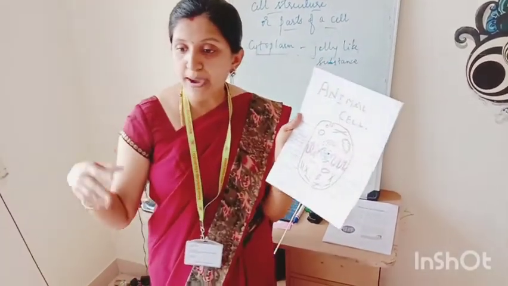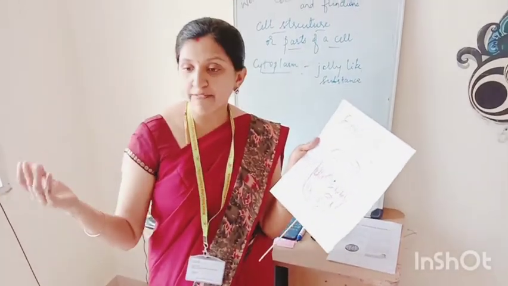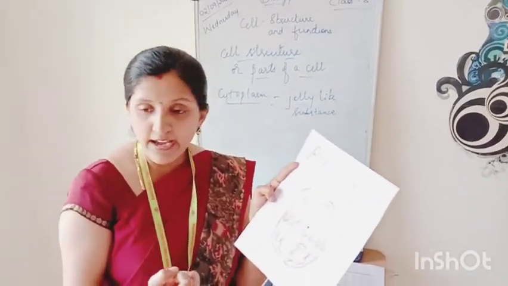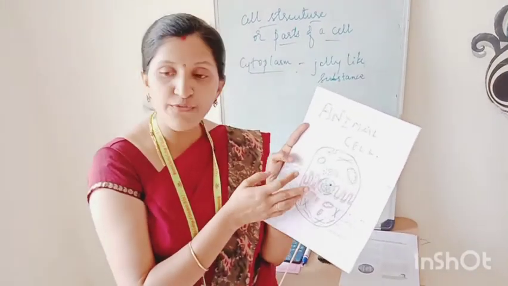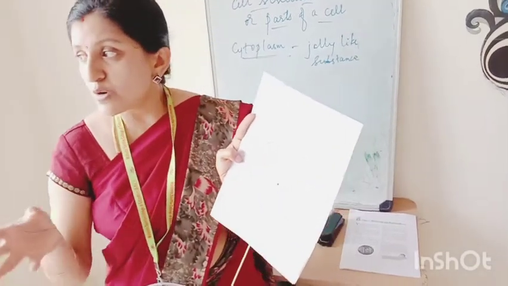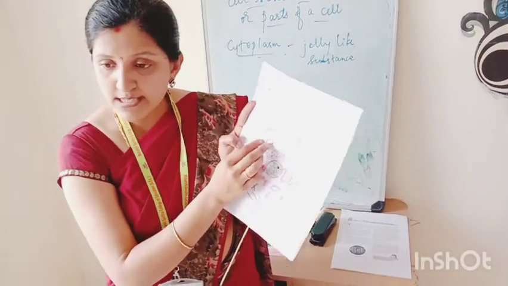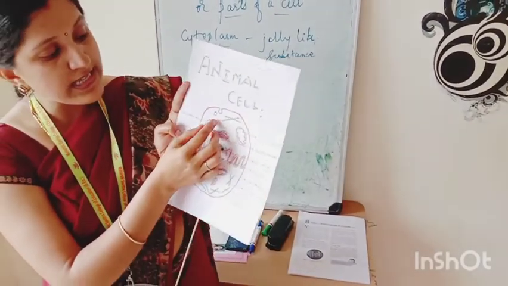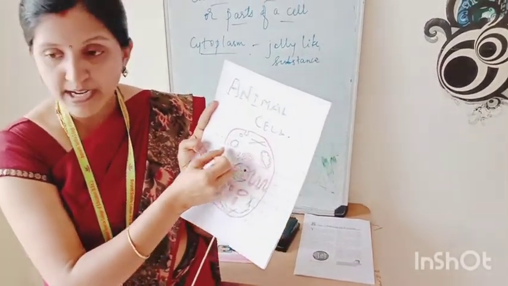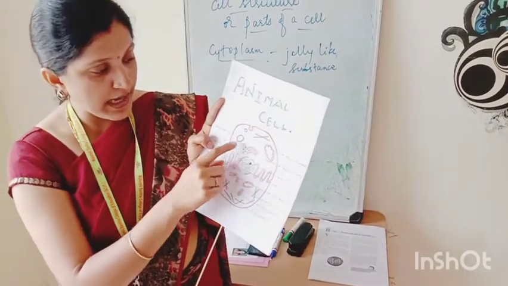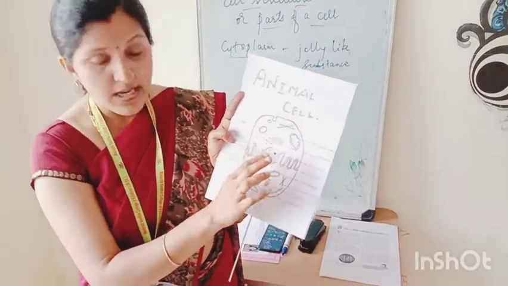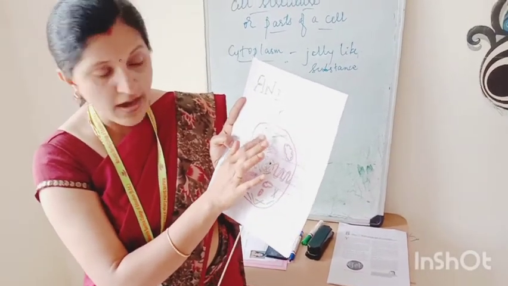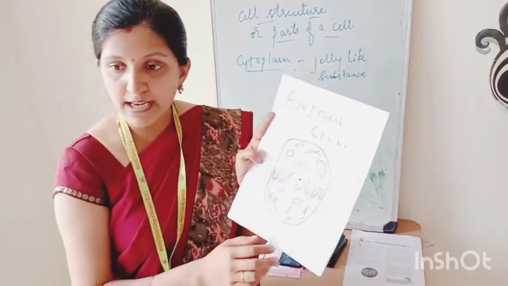If any bacterial or viral infection occurs, the lysosomes perform phagocytosis. That means when any microbe enters the body and the cell, the lysosomes combine with that bacteria, secrete their enzymes and digest the content of the bacteria, so that they can kill it.